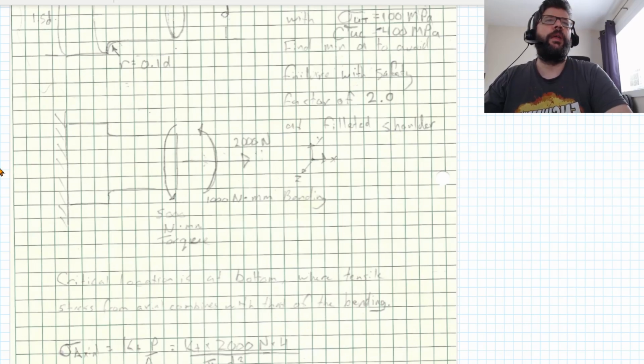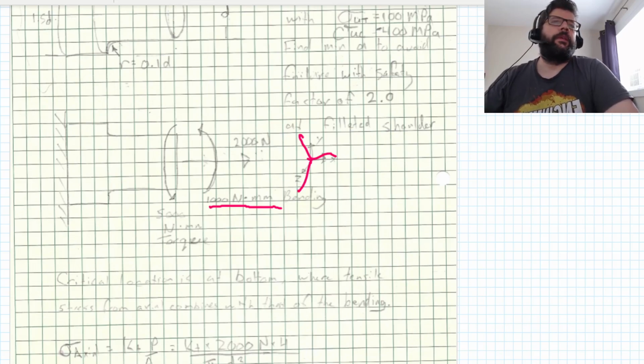We've got a bending moment about the z-axis, a positive bending moment, 1,000 newton millimeters. And then we've got some torque, 5,000 newton millimeters, about the x-axis, with our x, y, and z going like that.